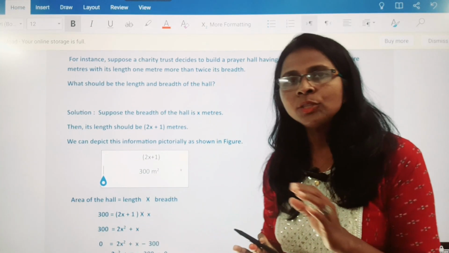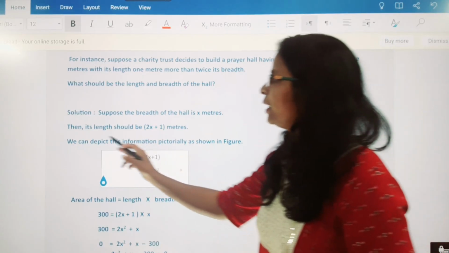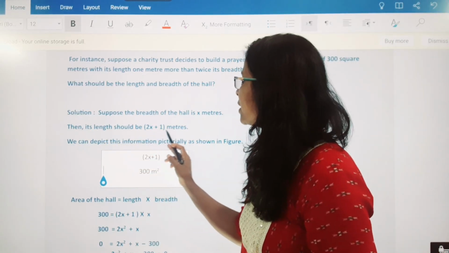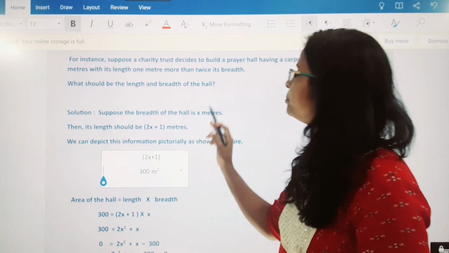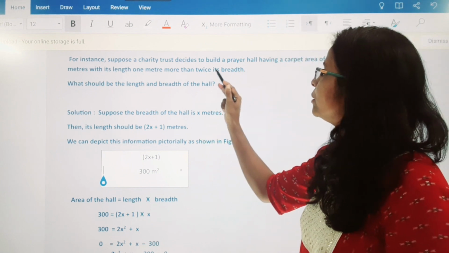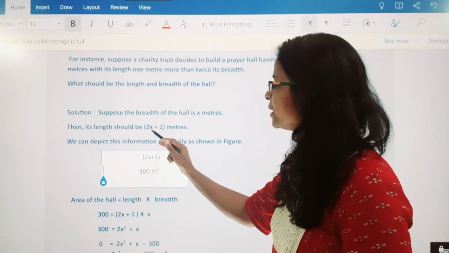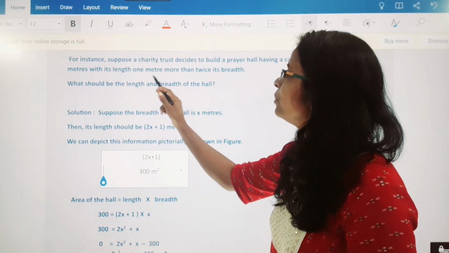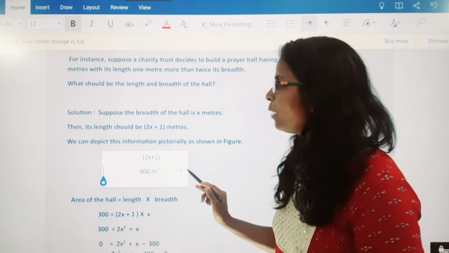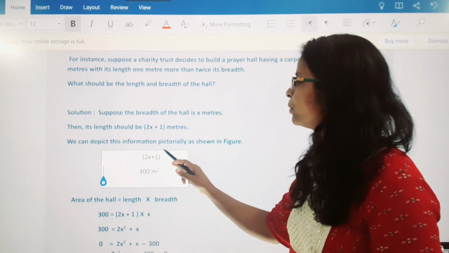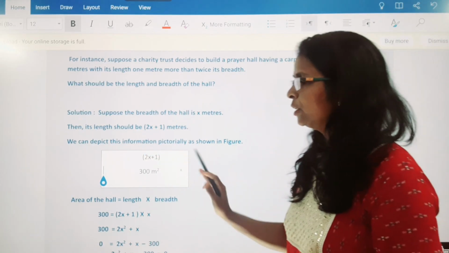Suppose the breadth of the hall is x meter. Then its length should be 2x plus 1 meter. Twice its breadth means 2 into x, plus 1, that is the 1 meter more. Now we can depict this information pictorially as shown in the figure.